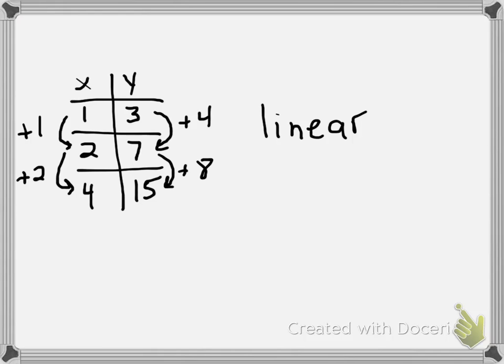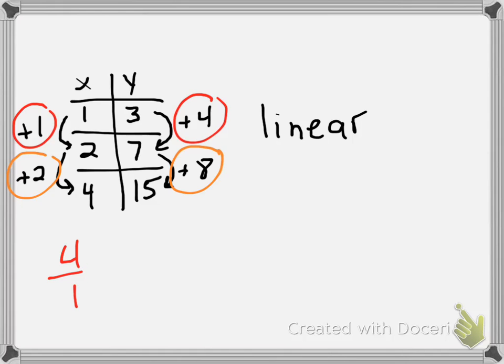Okay, well, let's actually look at the rate of change. Okay, it's rise over run, the change in y over the change in x. Okay, so we're looking at this 4 over the 1. So the rate of change between the first 2 points is 4 over 1. For the second 2 points is 8 and 2. So it's 8 over 2. Okay, and as you see, those two are equal because 4 over 1 is the same thing as 8 over 2.